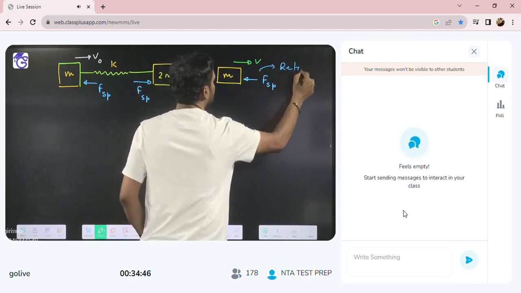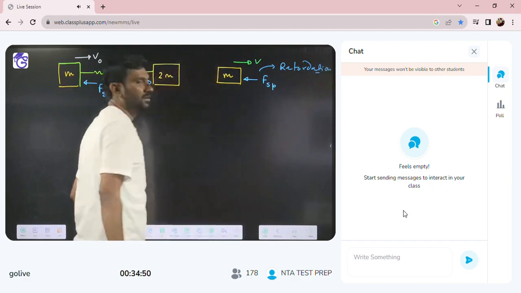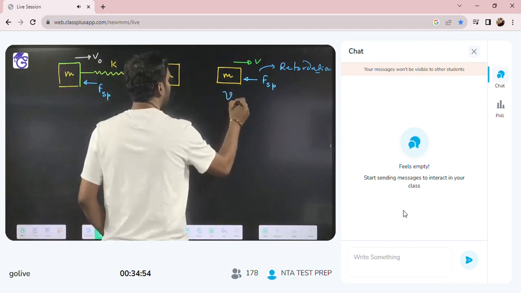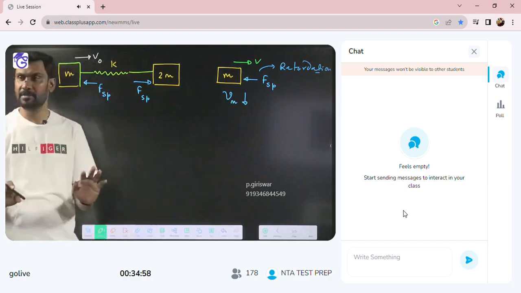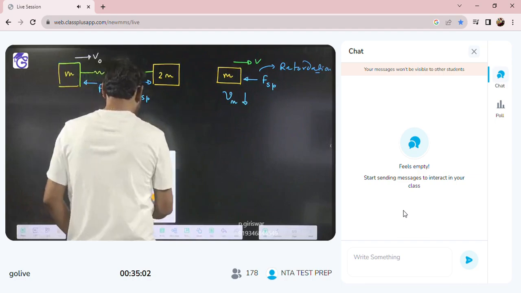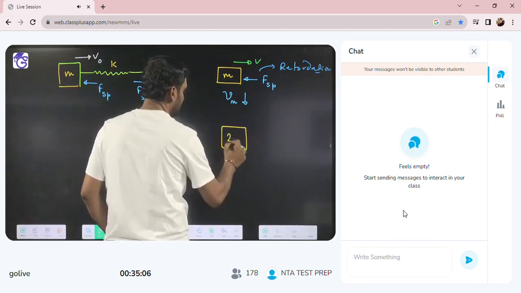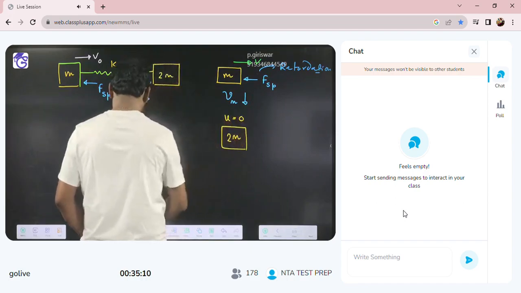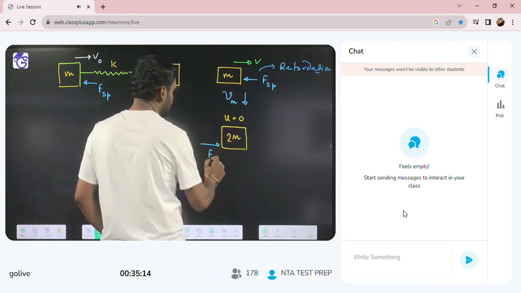Very good. So it will suffer retardation. It means velocity of this block M will decrease. Correct? Simple? Good. Look at the other block 2M. 2M was initially at rest and spring force acts on this block in the rightward direction.